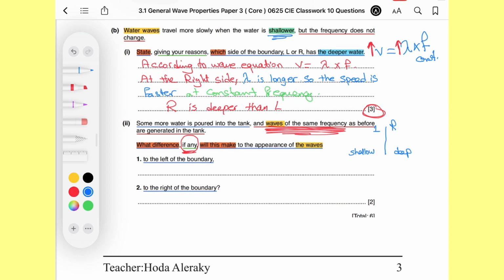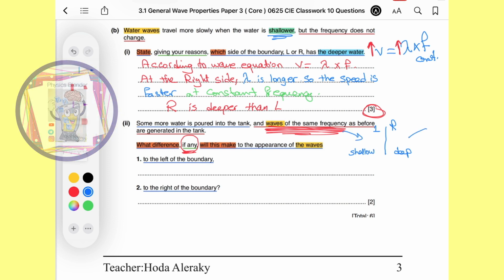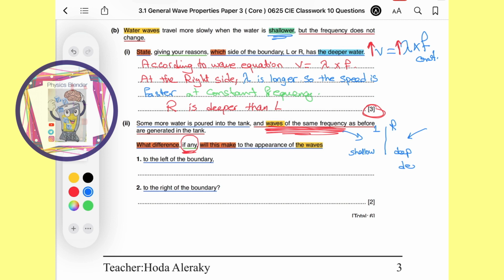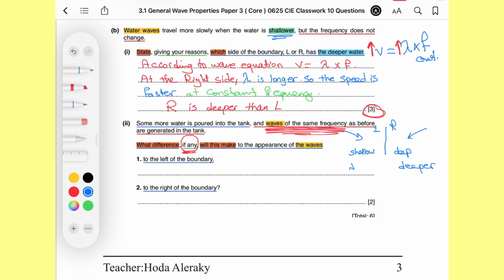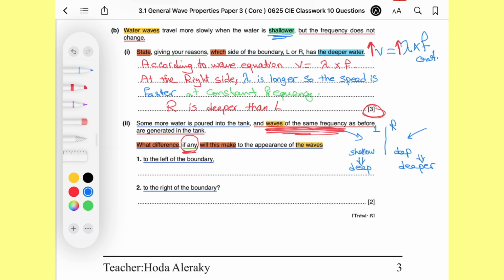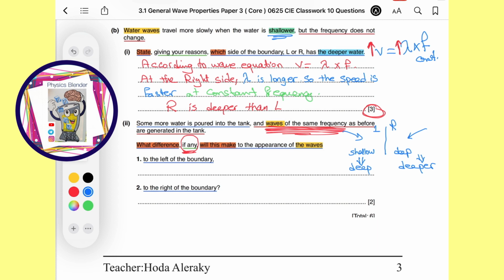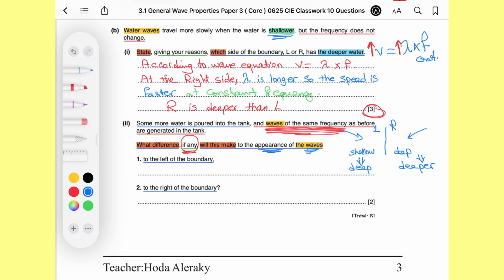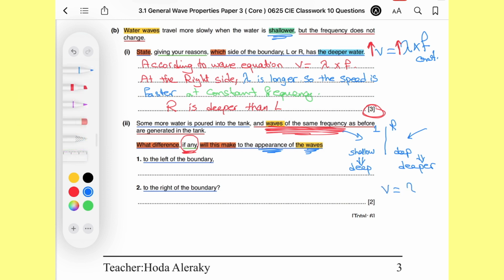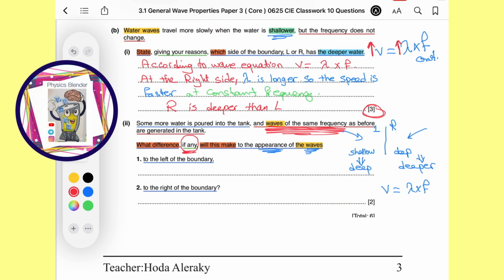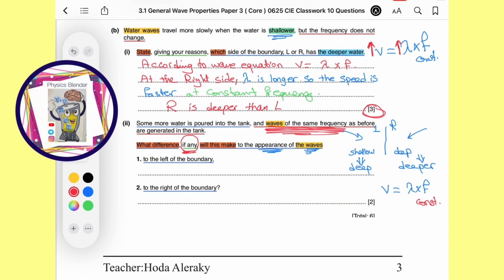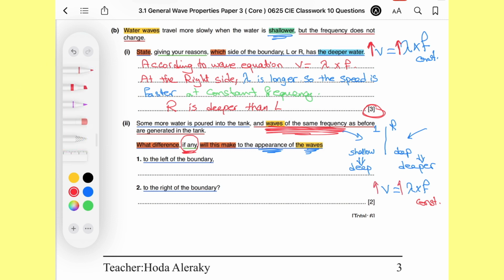So what happens when we add more water in the two regions? The deep one becomes deeper and the shallow one becomes deep, right? So how will this affect the appearance of the waves? What do you mean by appearance of the waves? The wave fronts. So according to the wave equation again, since the frequency is constant, the shallow one becomes deeper now, so it means the speed increases, the wavelength increases.